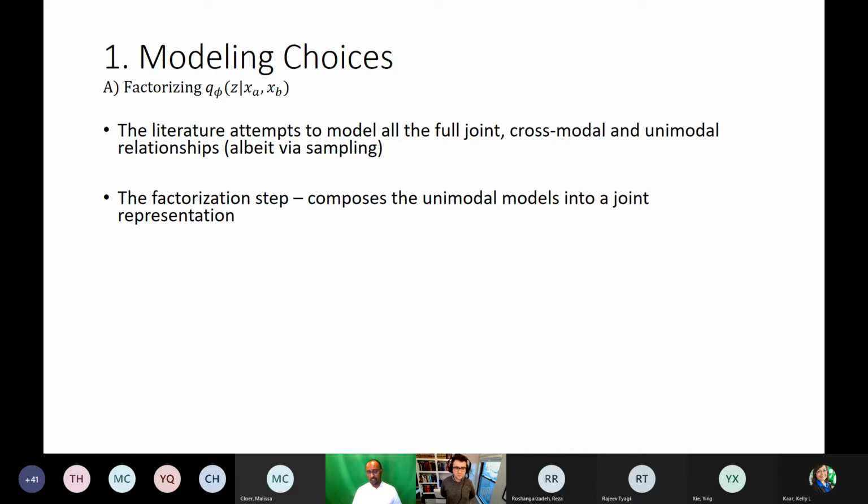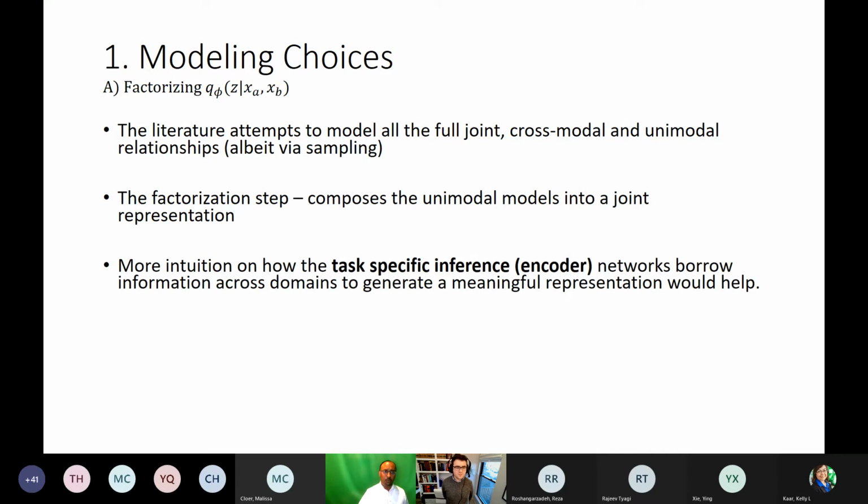The literature does that, and the factorization step tries to combine these different elements into this joint representation, but it's not really clear how looking at it as a group of domains at a time necessarily generates that particular representation. The results are very, very interesting and seem very persuasive, but it would be helpful to understand what precise mechanism generates that kind of learning that is a good representation of these multiple domains.